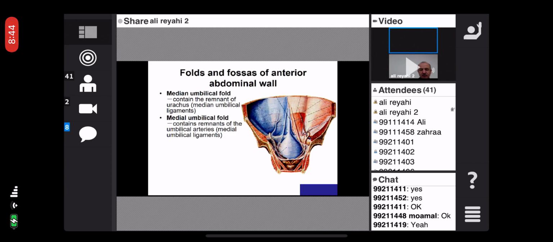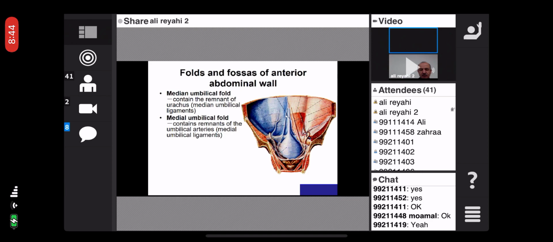It's called the median umbilical ligament. The median umbilical ligament connects the apex of the urinary bladder to the umbilicus. When the peritoneum covers the median umbilical ligament, it forms the median umbilical fold.